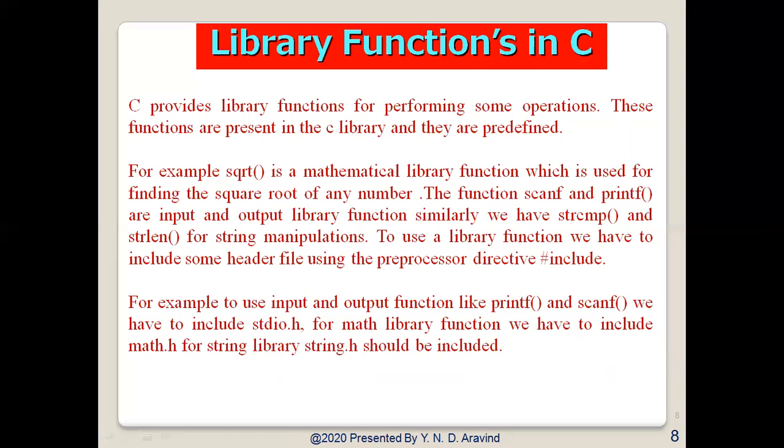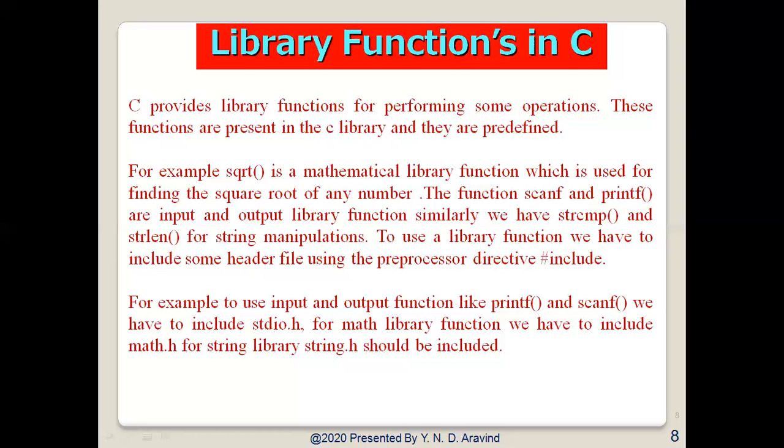For example, printf, scanf, gets, square root, etc. The square root is a mathematical library function used for finding the square root of any number. Functions like scanf and printf are input-output library functions. Similarly, we have string compare, string length, string reverse, string concatenate, and string n compare. All these are string manipulation functions.